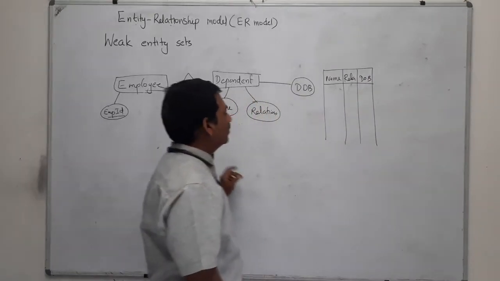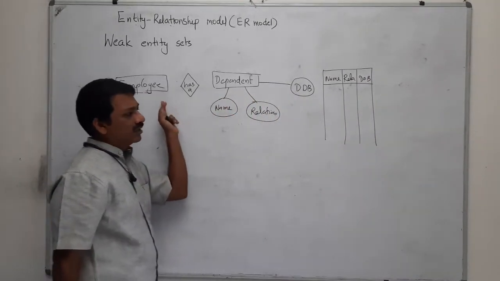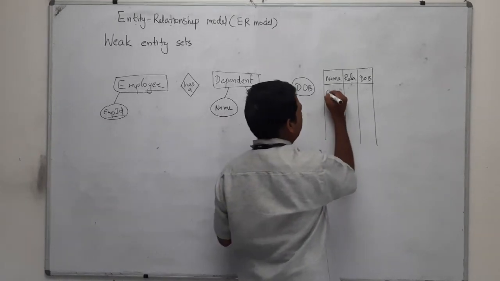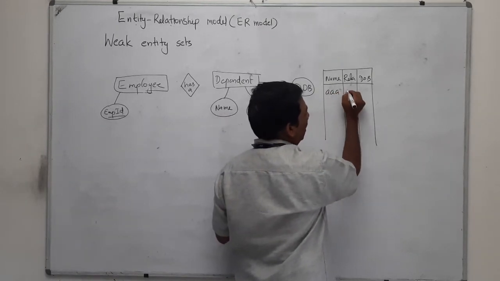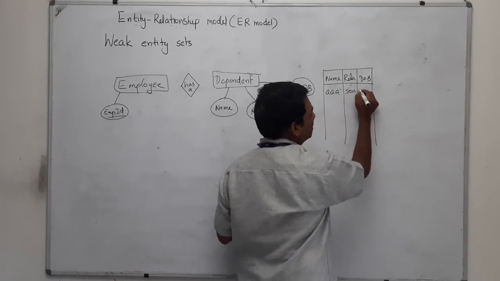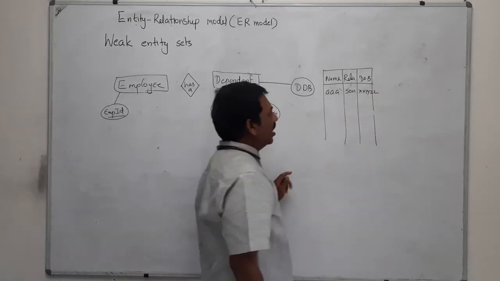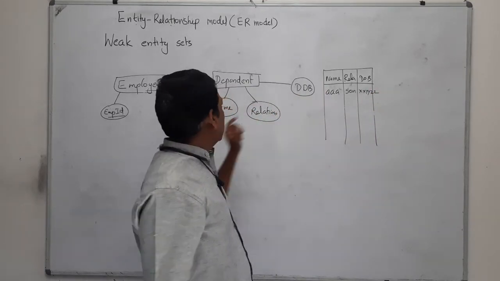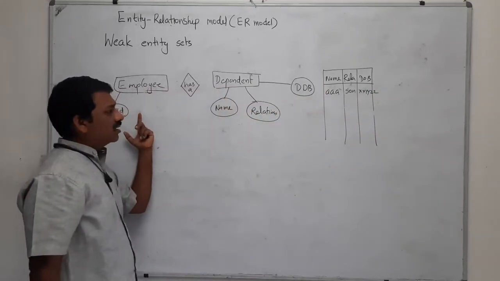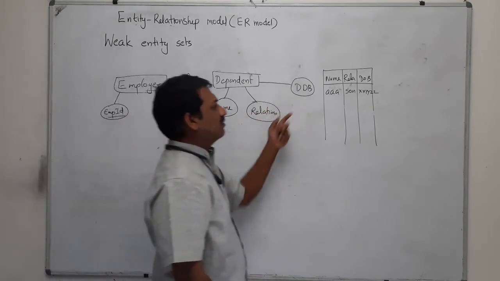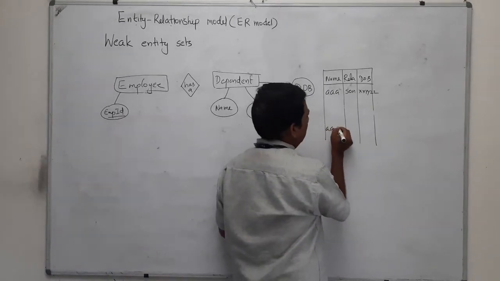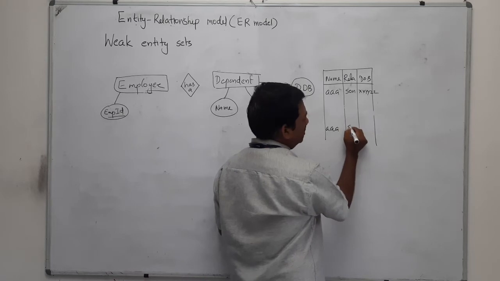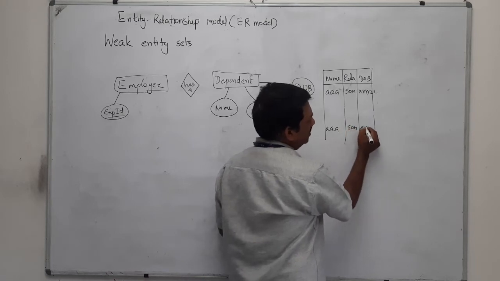Suppose that for a particular employee, the name of a person is AAA, the relationship is son, and the date of birth is XXYY. There may be another employee whose dependent also has AAA as name, son, and the same date of birth.